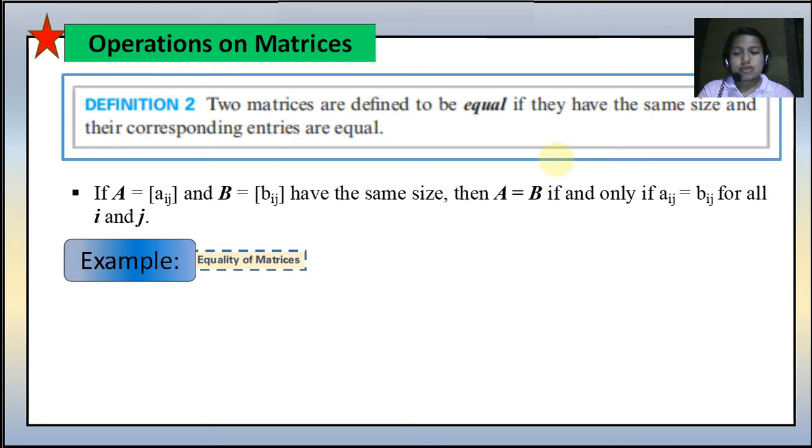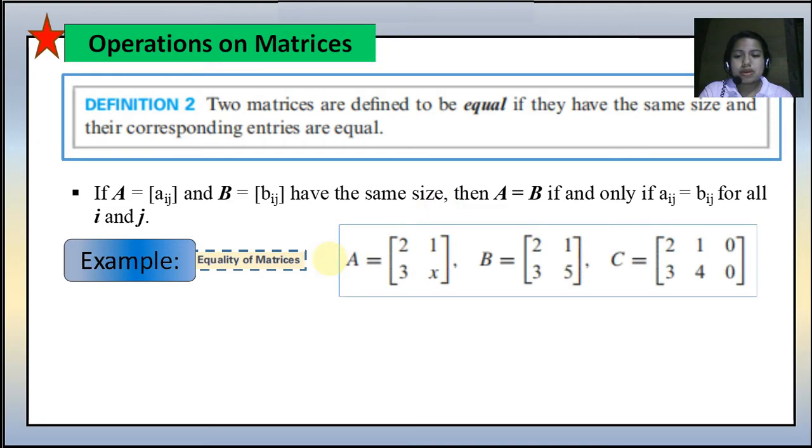If A is equal to A sub ij and B is equal to B sub ij, and they have the same size, then A is equal to B if and only if A sub ij is equal to B sub ij for all i and j. So if all entries in the ith row and jth column are the same, then these two matrices are said to be equal. We have here an example.